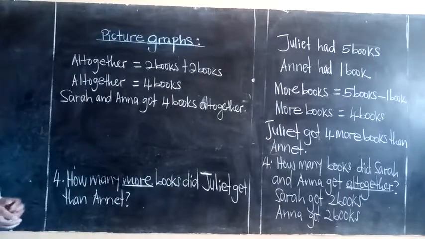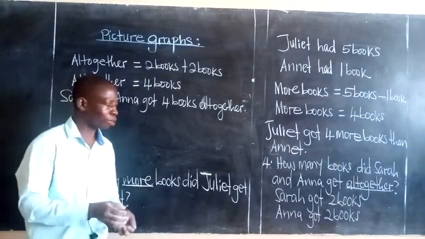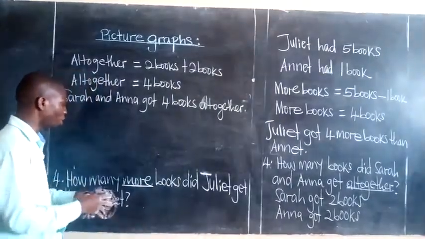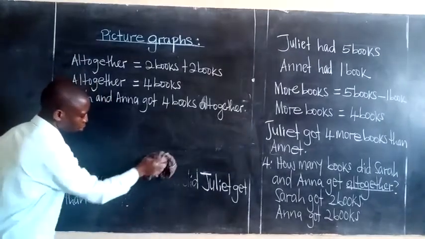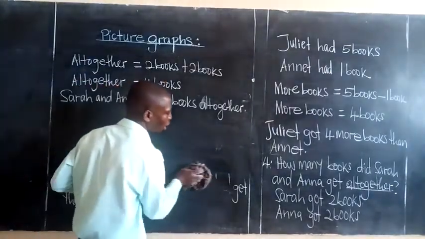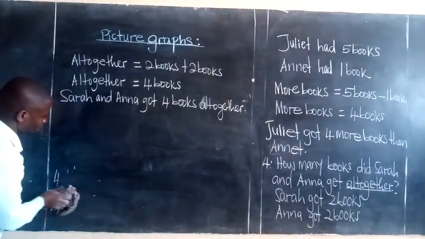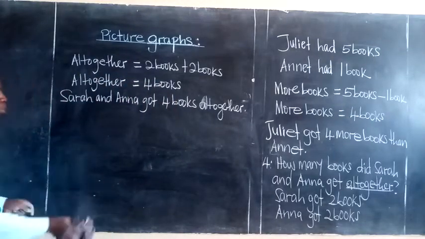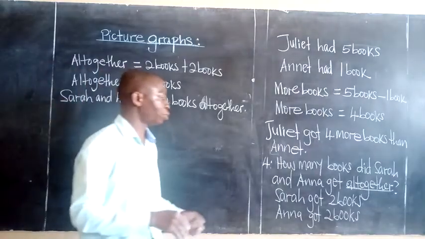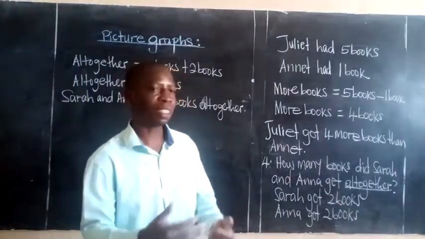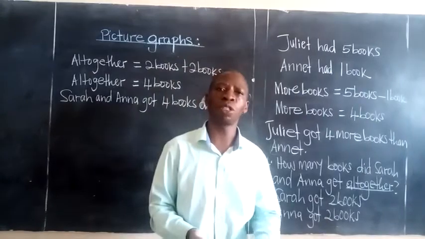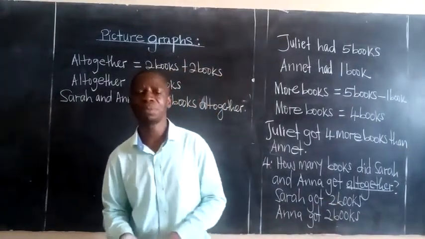So when they say all together, you can see how important those terms that I told you are. All together, sum. Because in your next equation they may say, what is the sum of the books got by Juliet and Anna?